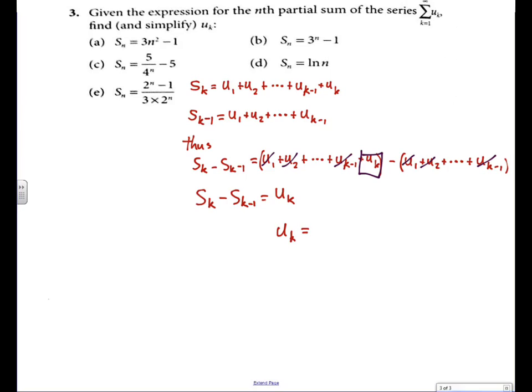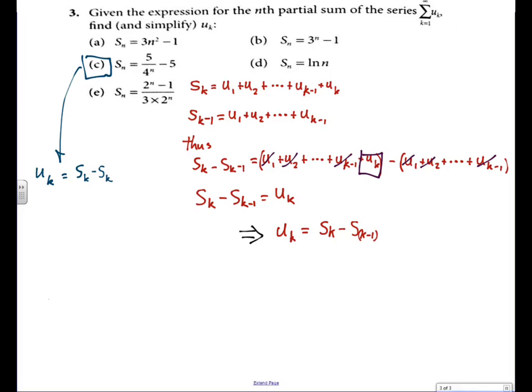In other words, U sub k can be found by taking the difference of consecutive partial sums. So this is a lot of highfalutin mathematics simply to say what most of us can intuit, and that is if we took the 7th partial sum and then we took the 8th partial sum and we subtract them, we will get the U sub k term because we've added U sub k to get there.